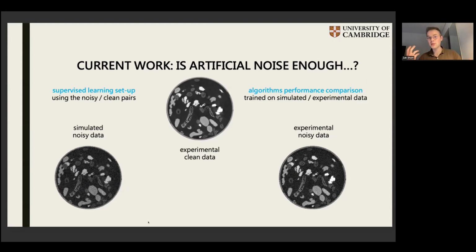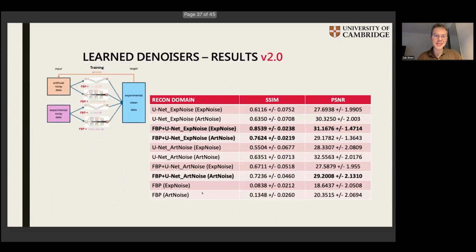Would it be better to learn on experimental noisy data? We know for sure which one is going to be less expensive because simulating noise is much easier than trying to implement it experimentally, because that is costly in terms of both time and equipment. And as you can guess, the answer is experimental is significantly better.